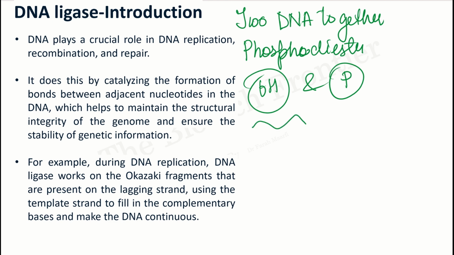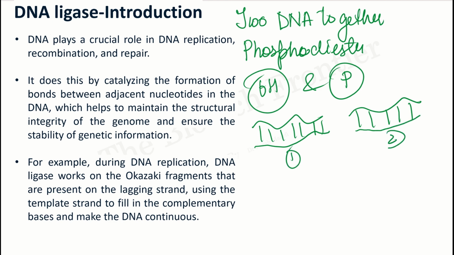Suppose you have two DNA fragments and you want to join them. This is fragment 1 and this one is fragment 2, and these have a hydroxyl group and a phosphate group.